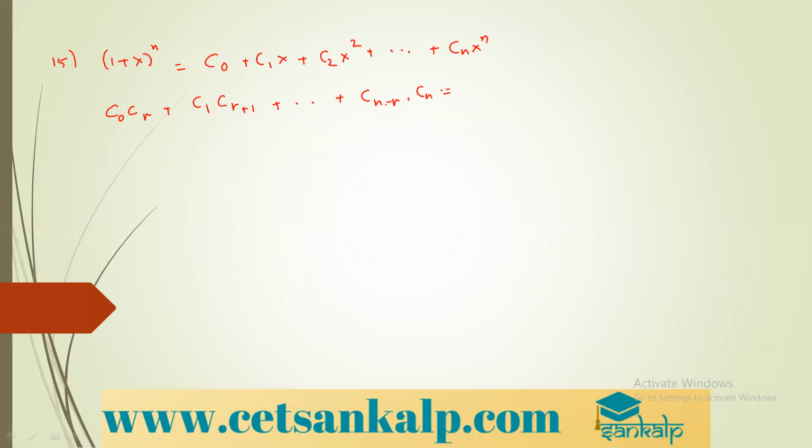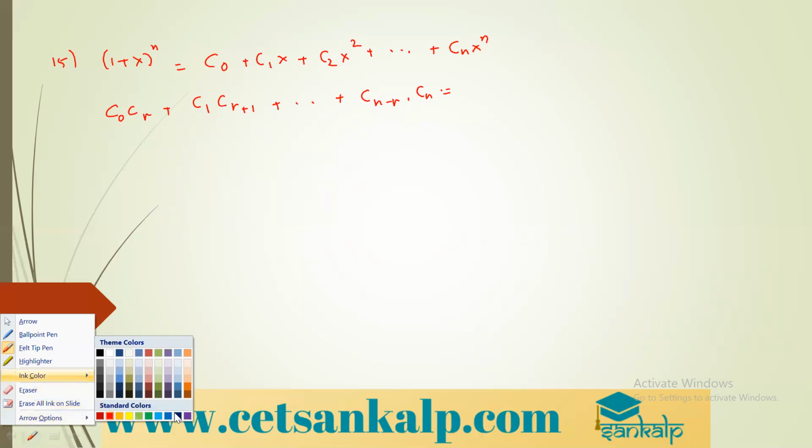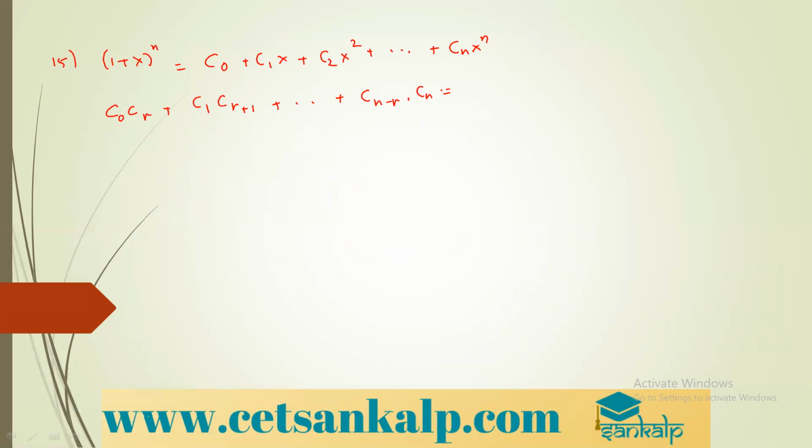Actually, this type of questions we have done in PUC. So it is a long question, but we will try to do it. There is no shortcut method unless and until you learn this by heart as a formula.